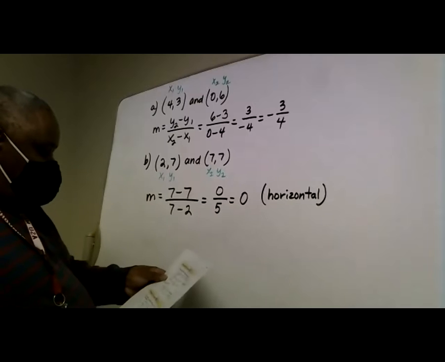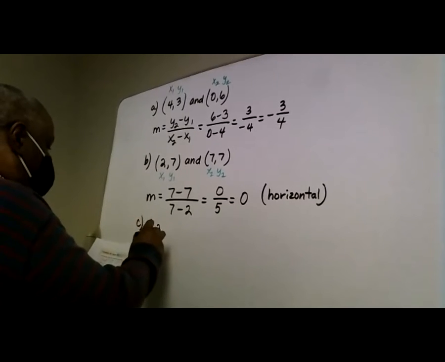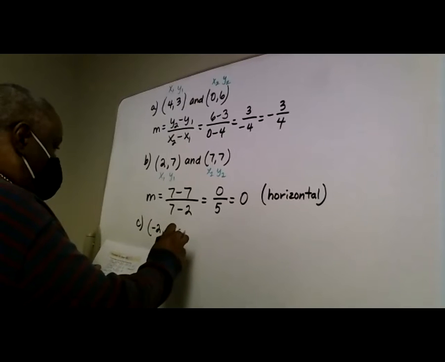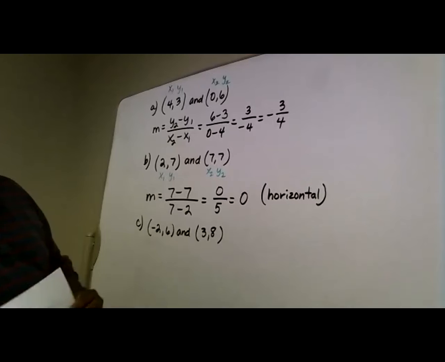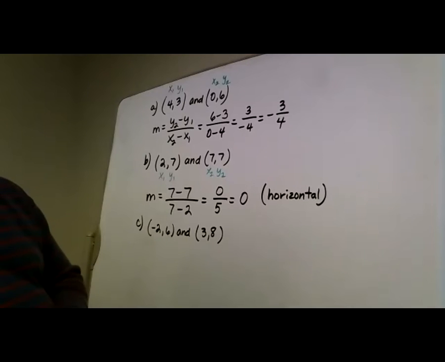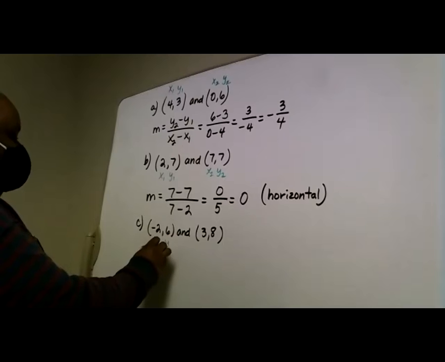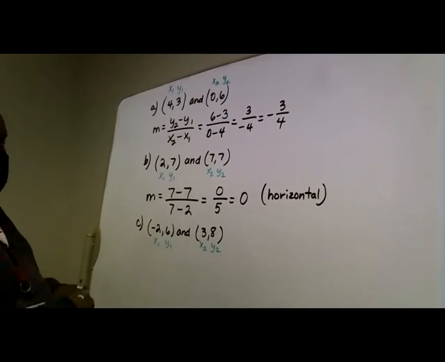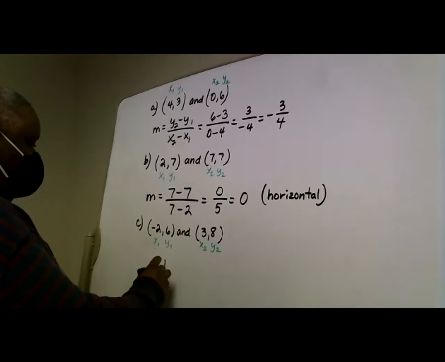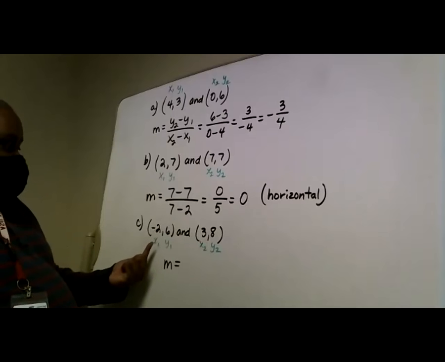Okay. Let's look at part C. Negative 2, 6 and 3, 8. So here, x1, y1 for the first ordered pair, x2, y2 for the second ordered pair. So that means here the slope would be, in this case, y2 minus y1.